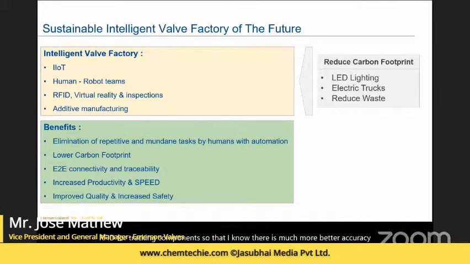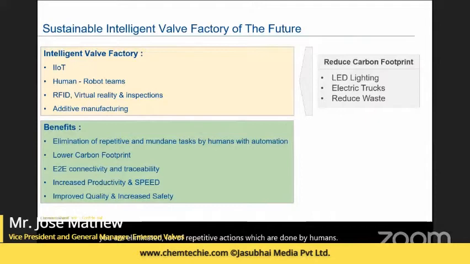Virtual reality and inspections, additive manufacturing. All those will play a big role in the future valve manufacturing process. Some of those are already being adopted and provided by some of the manufacturers. The benefits are that you are eliminating a lot of repetitive actions done by humans, which typically cause errors.